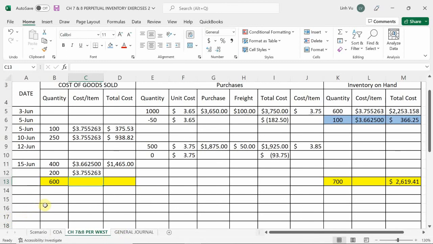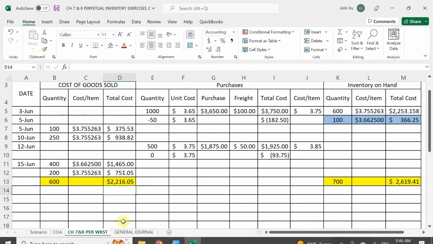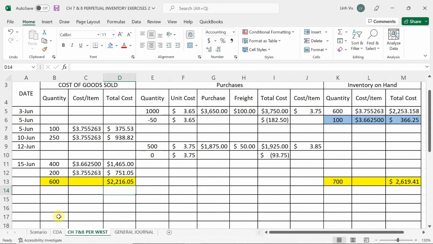So how much is it going to cost me to sell 200 units at 3.755263? $751.05. Okay. So 751.05.